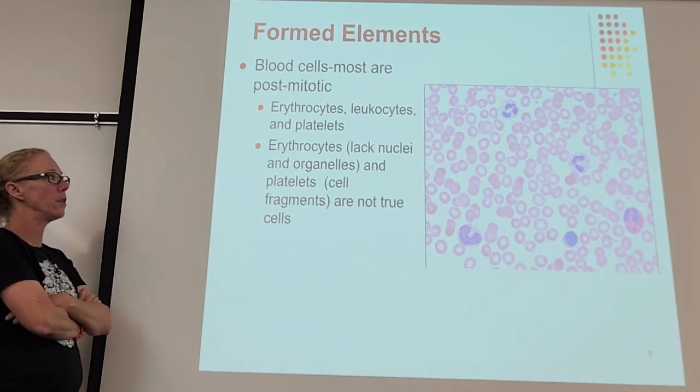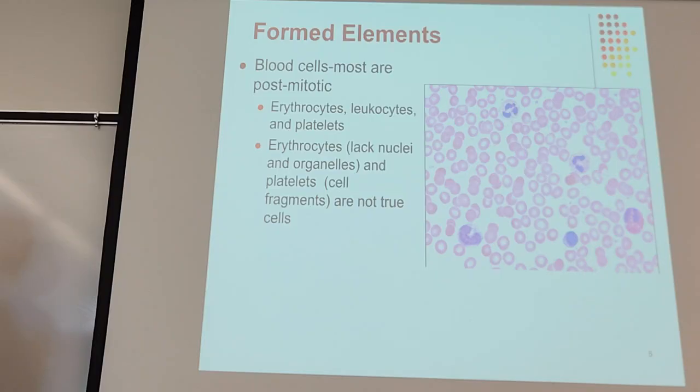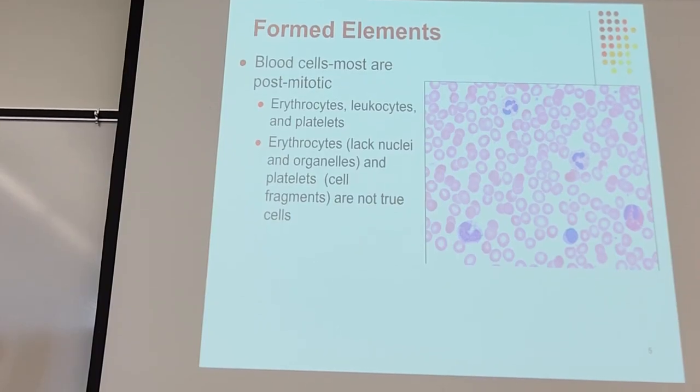Okay, so erythrocytes, red blood cells, lack nuclei and they lack organelles. And platelets are just cell fragments, so they're not true cells. So the only true cells in blood are leukocytes, the white blood cells. Those are the only ones. Okay, so that's why we have to make erythrocytes in our bone marrow.